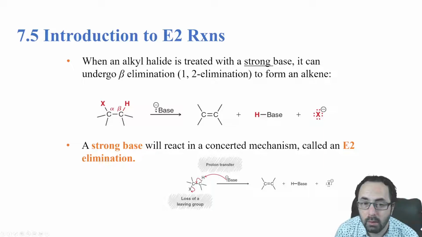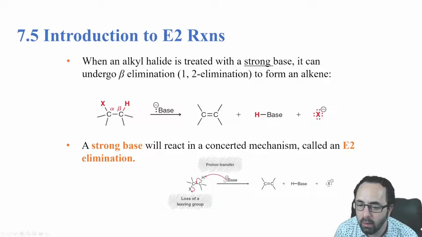Elimination reactions can also occur in a concerted fashion. When they do, we call those E2 reactions. Again, the 2 here means bimolecular, meaning that the reagent and the substrate will both be involved in the important reactive step. So in this case, we see a base.